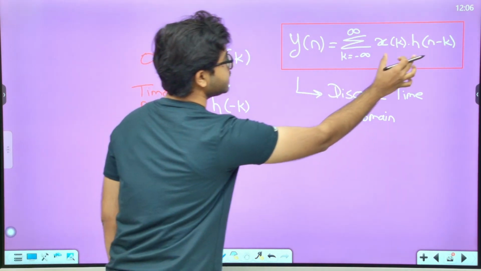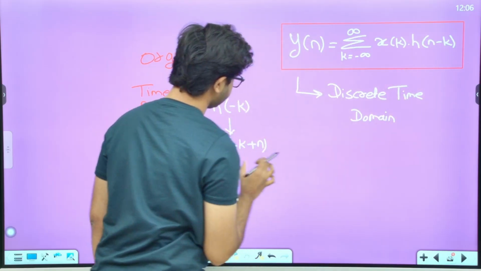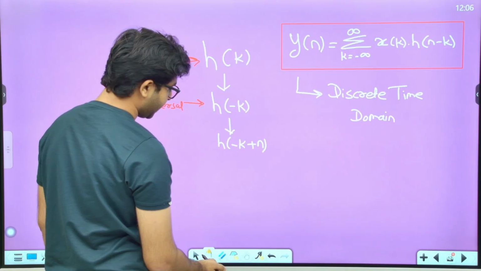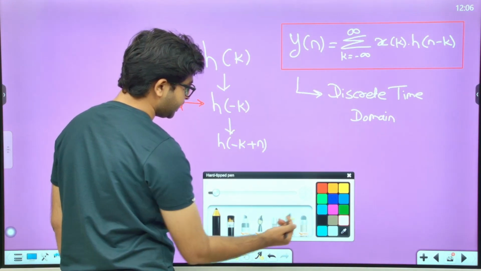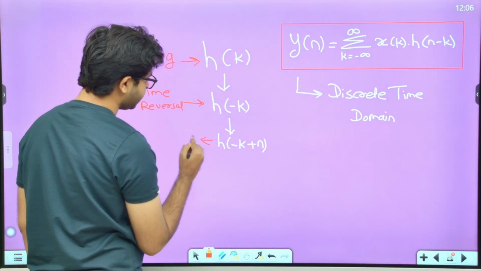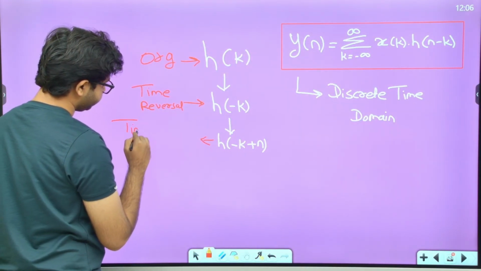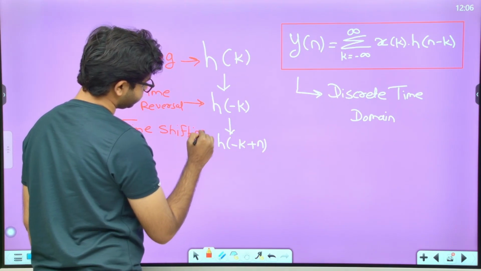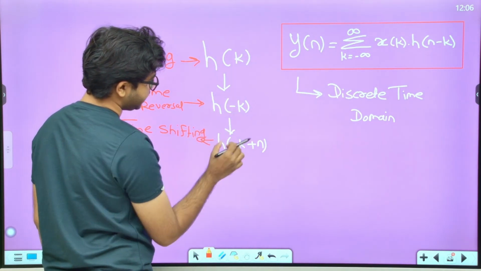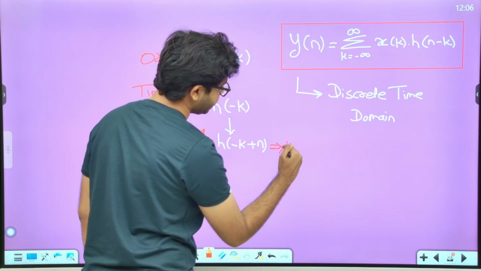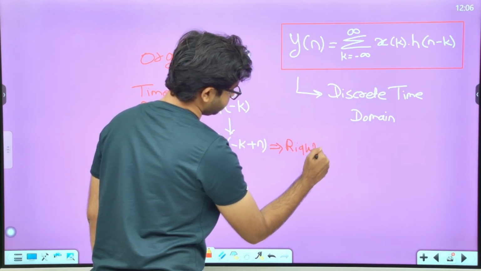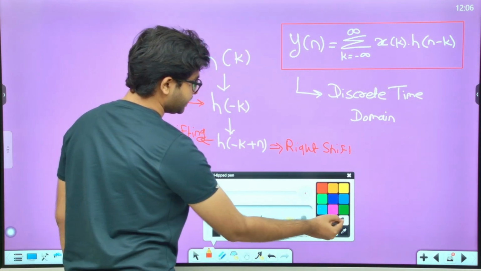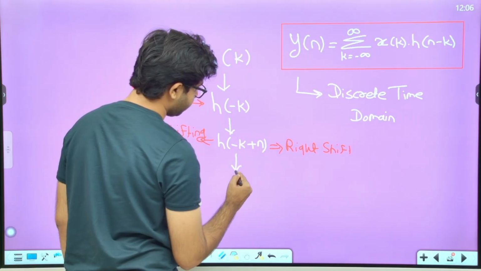This is h of n minus k only, just reversing the order. And what is it? This is the time shifting. And which kind of shifting is this? h of minus k plus n will be a right shift.